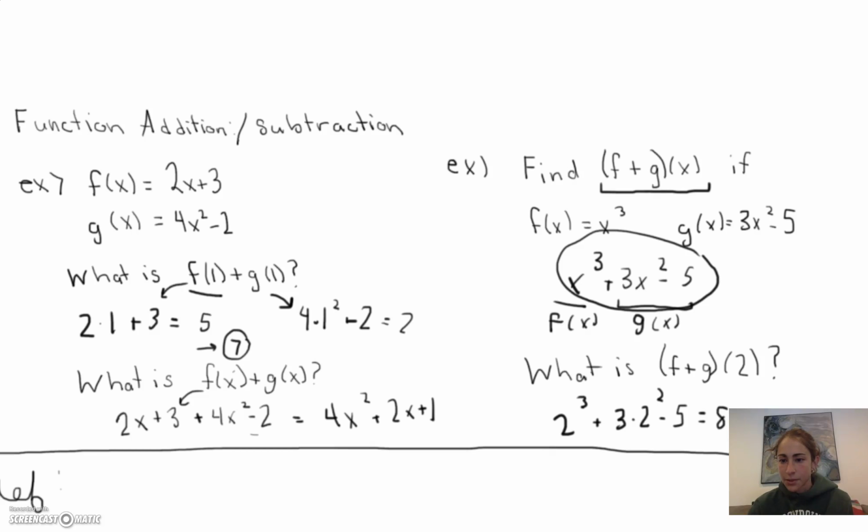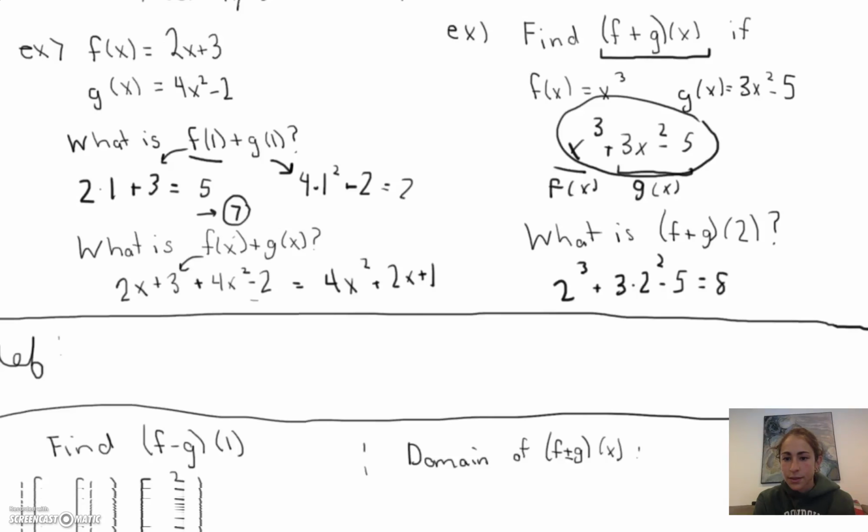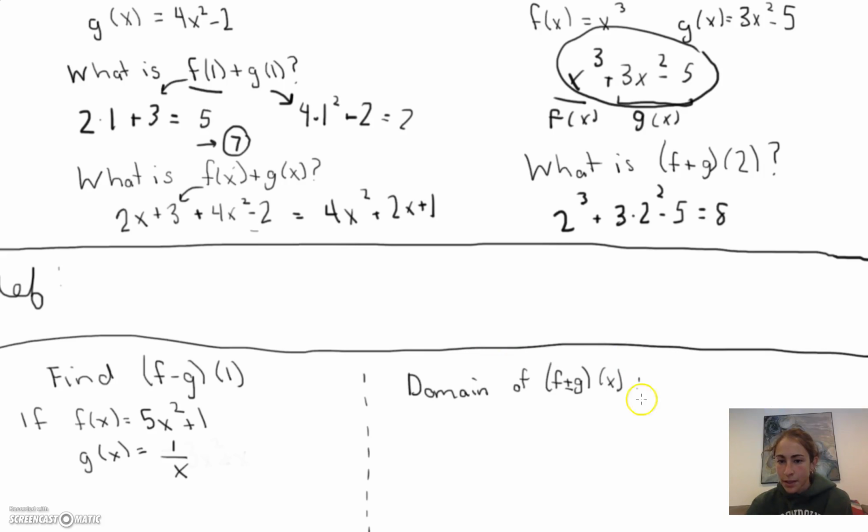Oops, let me scroll so you can see what I'm writing. 8 plus 12 minus 5. Right? All right. So what do we get? I think that's 15.